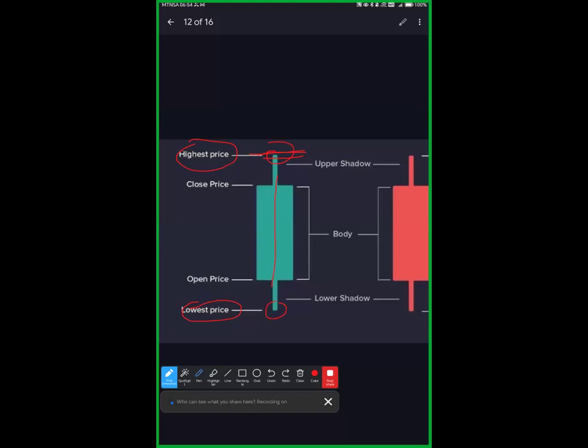Sellers are present, but the ones that are in control are buyers. Simply, it means the pressure, the amount of buyers that are in that particular trade session represented by a candle, they are more compared to the number of sellers that are in that particular trade session.